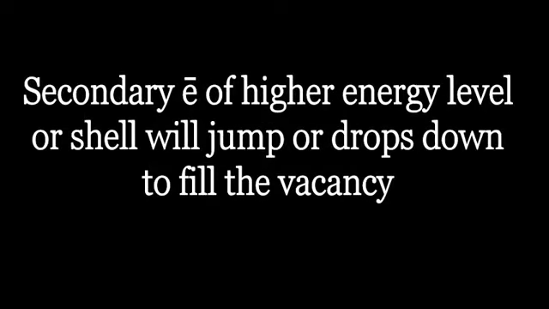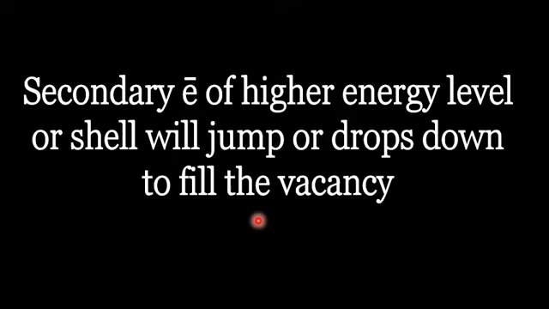Now, a secondary electron of a higher energy level or shell will drop down to fill the vacancy, since the core energy level electron is removed by the incident high energy beam of electrons from the electron gun.